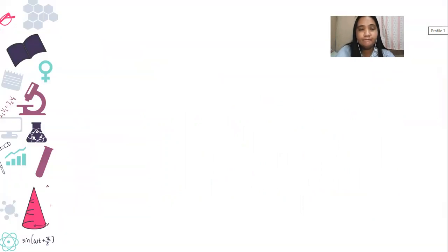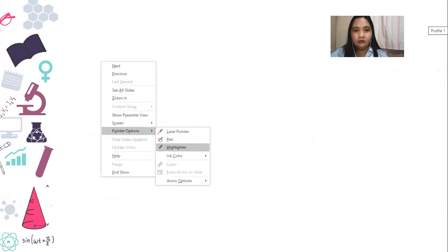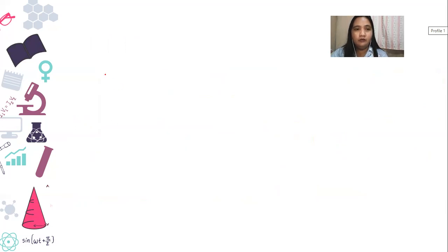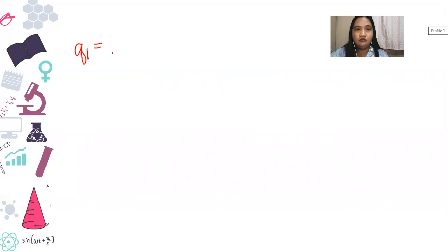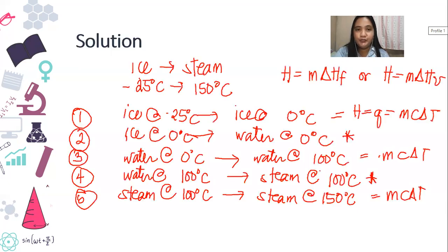Okay, there you go. So what is Q1? Okay, let me get my pen tool again. Q1, I said, if we go back, Q1 is an mC delta T. The mass is 200 grams. And then here, water is in an ice form.